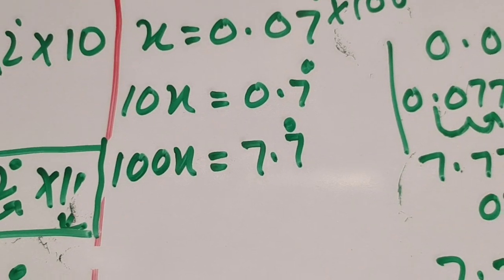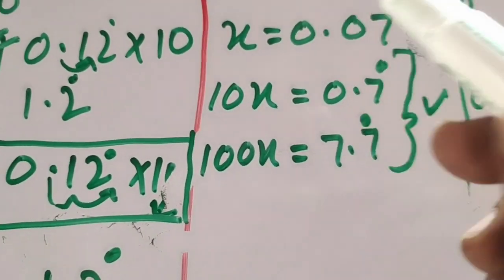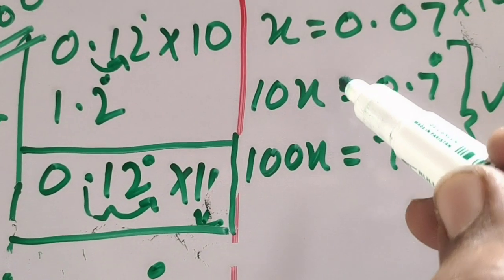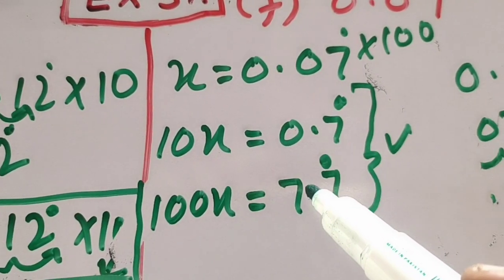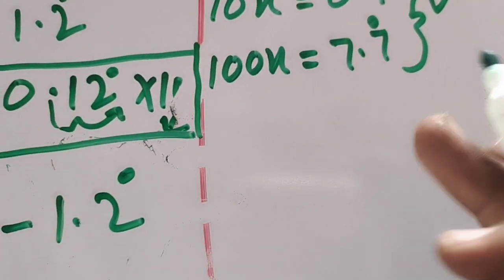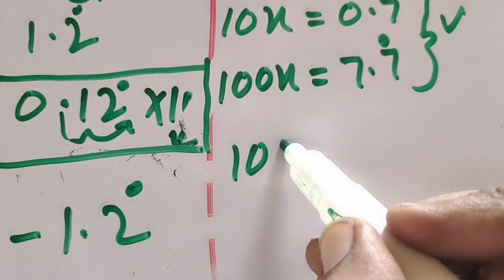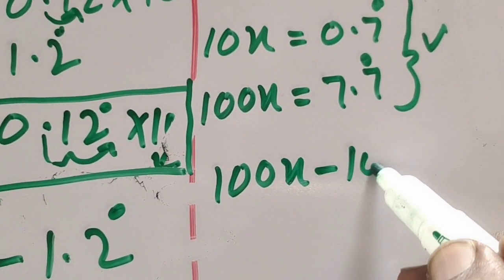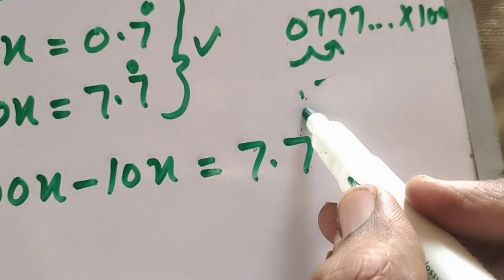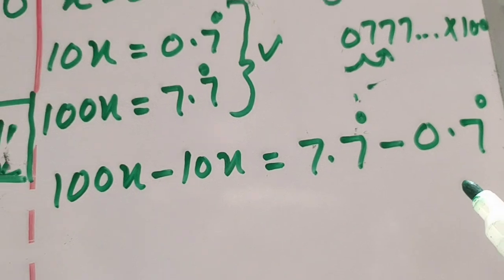Now students, we are going to subtract these two new equations. From smaller to bigger we are going to subtract. So this will be 100x minus 10x is equal to 7.7 dot minus 0.7 dot.